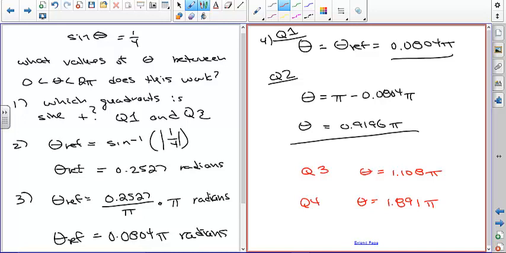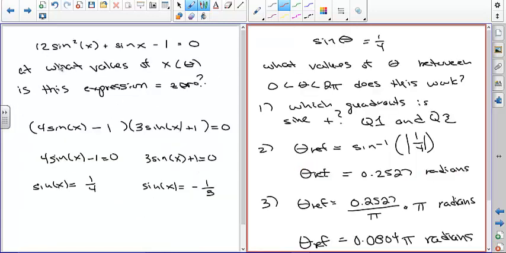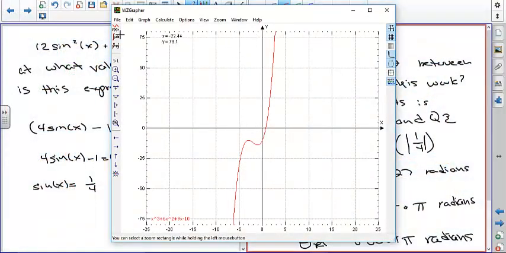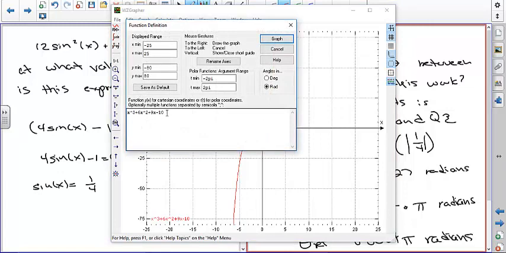So let me plot this function and find out where the zeros are. If I go to my graph, I'm going to find where the zeros are, because we're not taking the derivatives yet. We're just trying to learn how to do this.